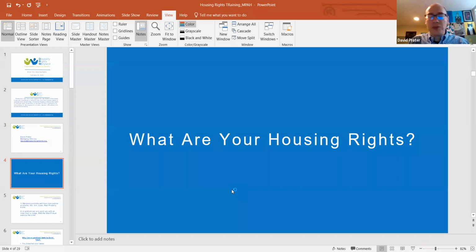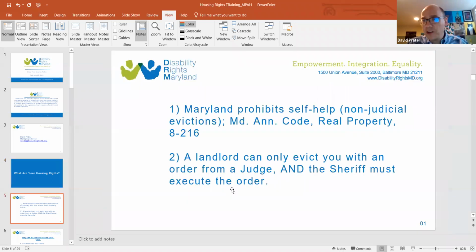So we'll start with the sort of straightforward principle, I think, which is what are your housing rights? Now I think we need to start with this understanding, which is every eviction in Maryland has to go through a judicial process. There is no self-help eviction. What I mean by that is the landlord cannot change locks.